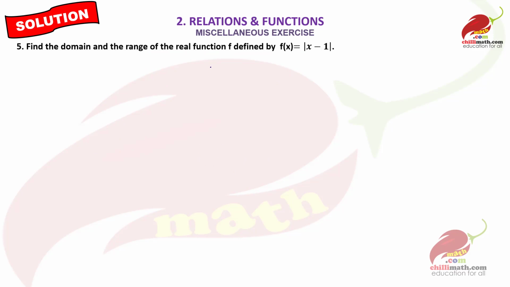Find the domain and range of the real function f defined by f(x) equal to modulus of x minus 1. So again, domain is the set of elements which when we put in the function should not be imaginary and should not be infinity. Imaginary it will be only if we put negative numbers in the square root, but there is no square root.